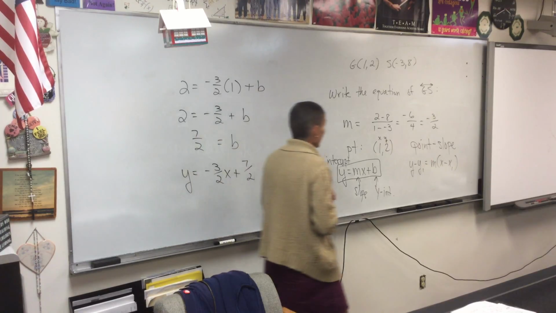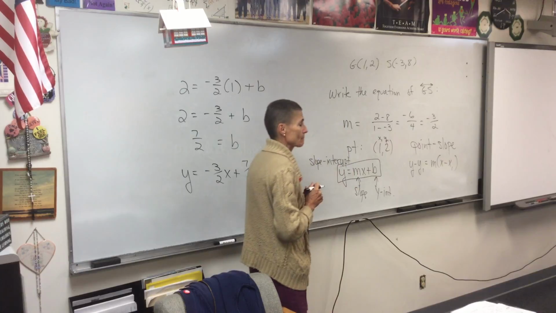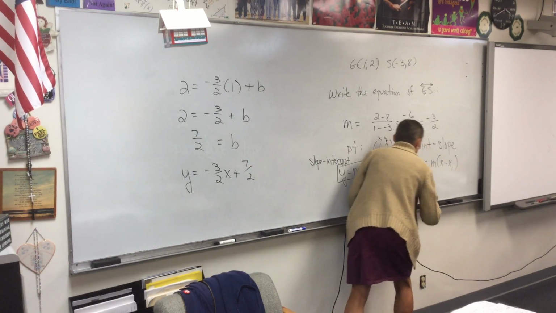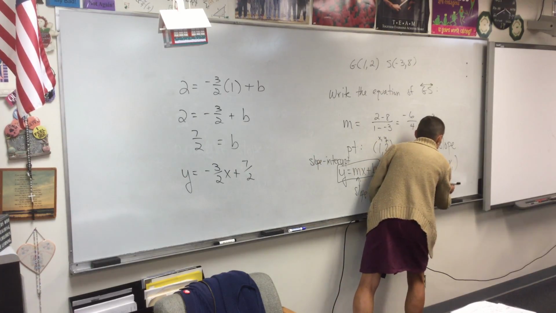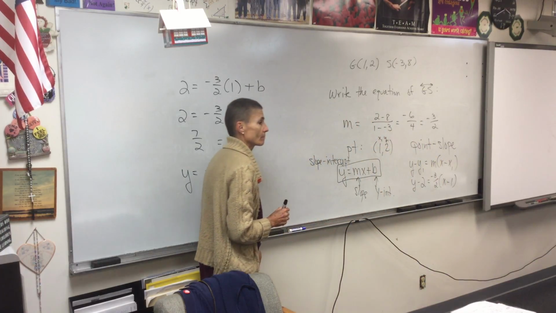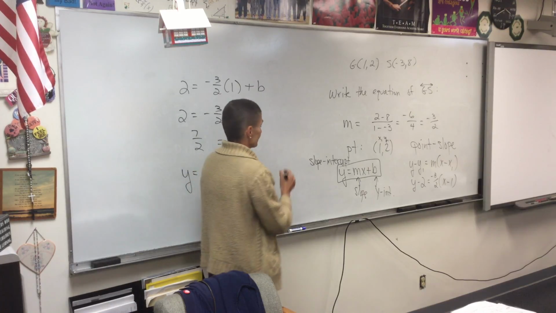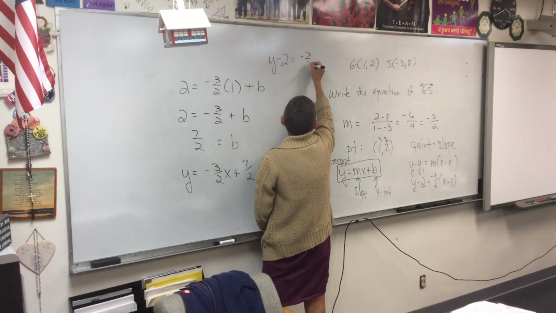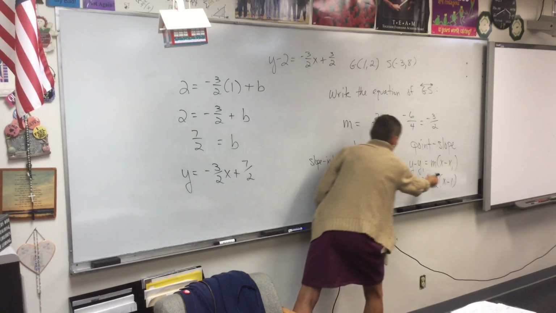How does that look? Well, now our point is x1, y1. So y minus 2 equals negative 3/2 times x minus 1. So y minus 2 equals negative 3/2 x plus 3/2 if I do my distributive.